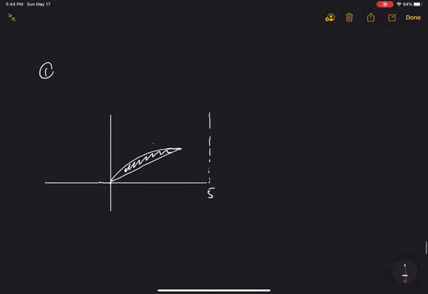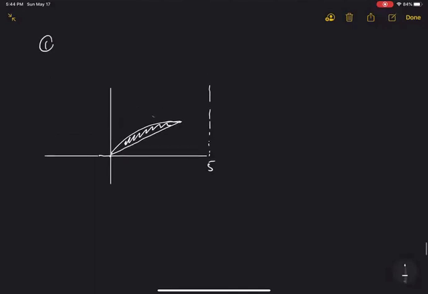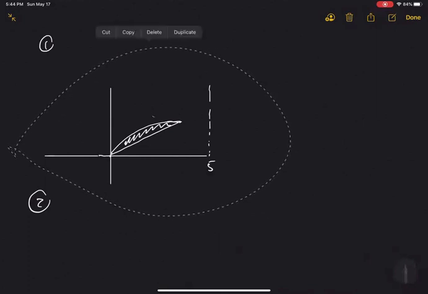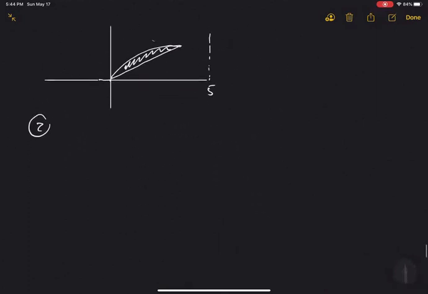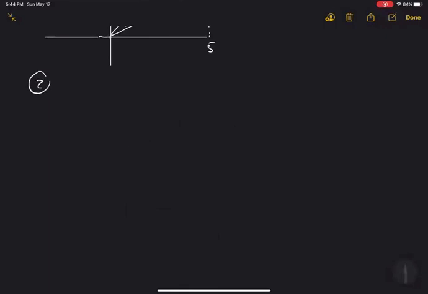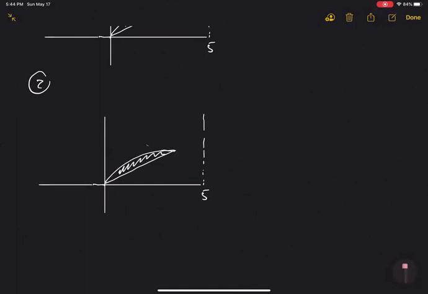So let's try and get the 3D picture of what's going on. I would rotate this around that dotted line and I'd have some sort of mirror image. Maybe it looks like this.